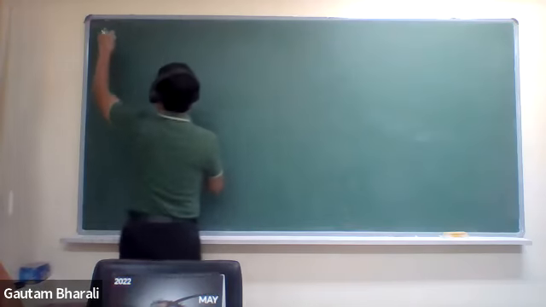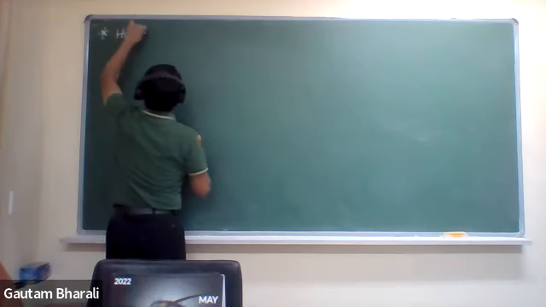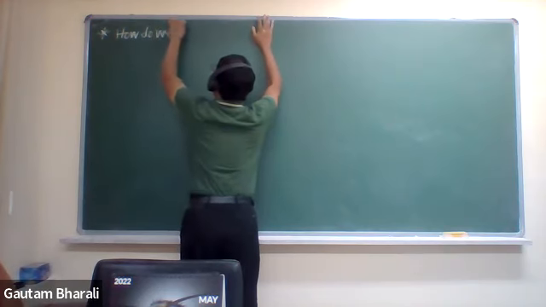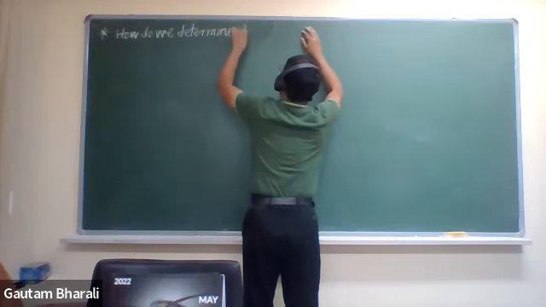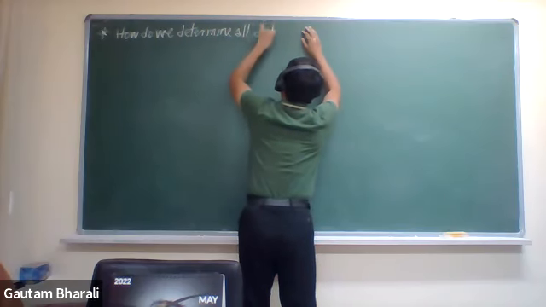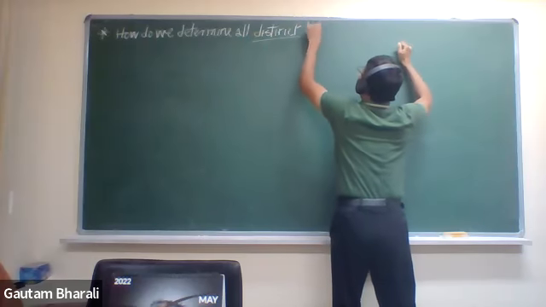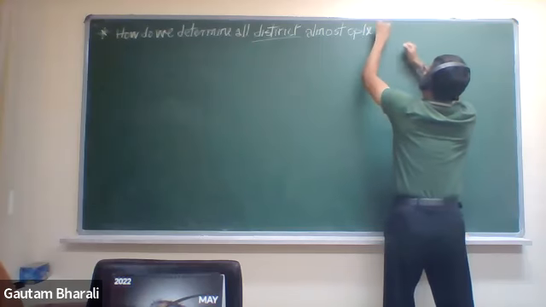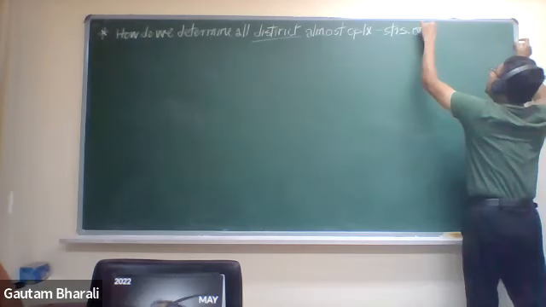The question is, how do we determine all the distinct almost complex structures on a given vector space?